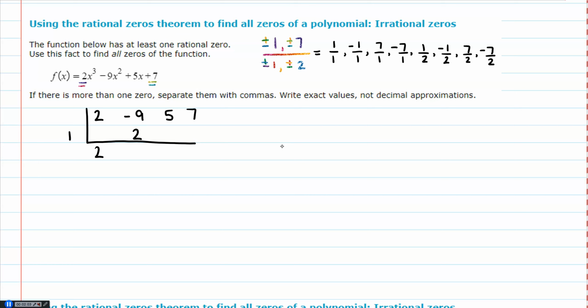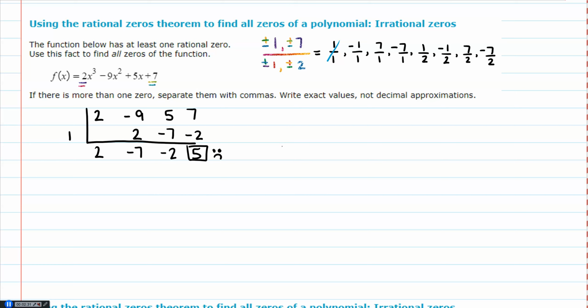And we're going to add down. Negative 9 plus 2 is negative 7. I'm going to times 1 by negative 7. That makes negative 7. Add down. That makes negative 2. Times 1 by negative 2 makes negative 2. Add down makes 5. And since this is not 0, 1 was not a zero of the function.